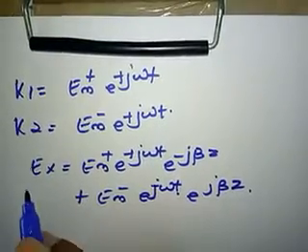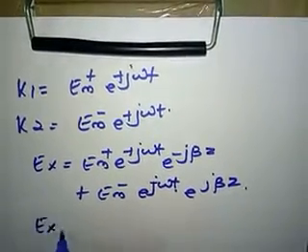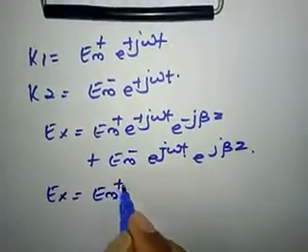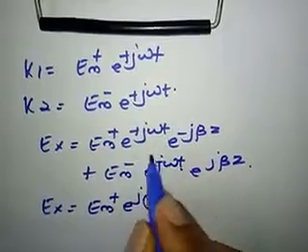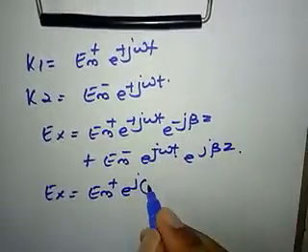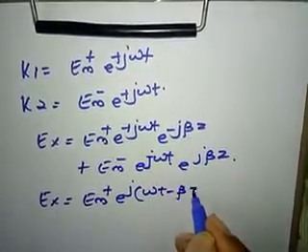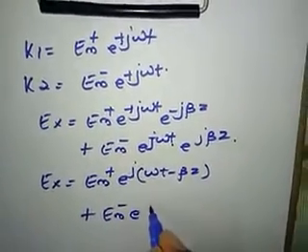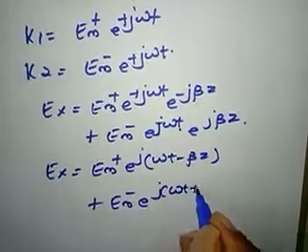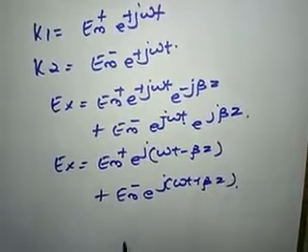So what is the next equation? Ex will be equal to Em plus e raised to j, where j is common, omega t minus beta z, plus Em minus e raised to j omega t plus beta z.